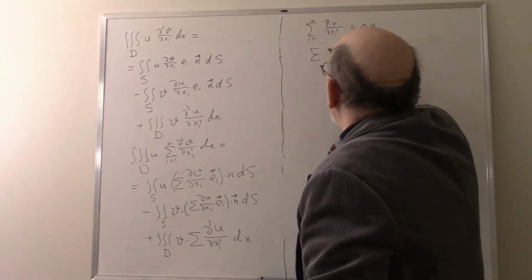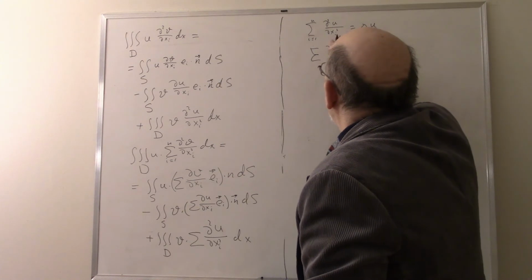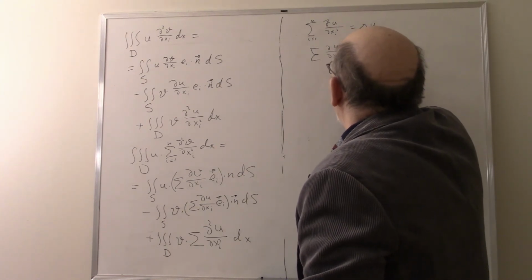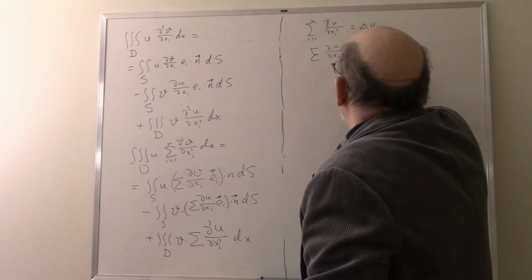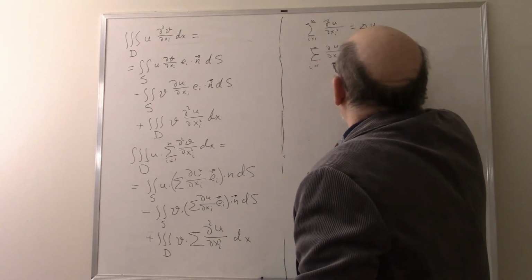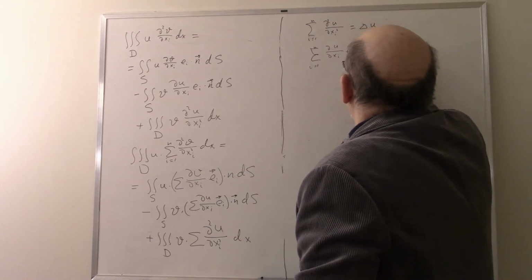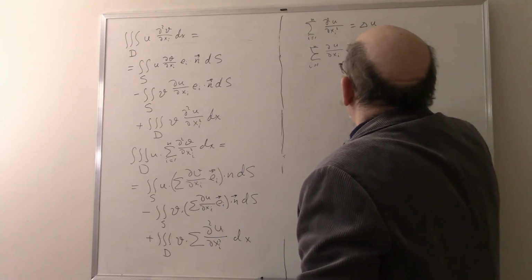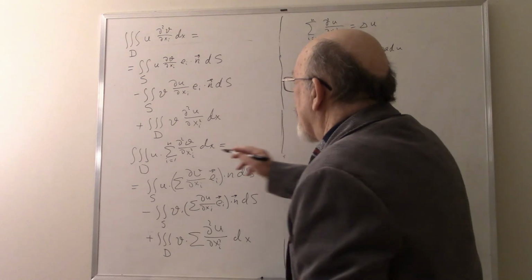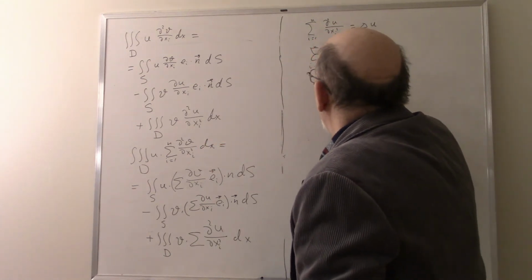The sum of du over dxi, ei, is the gradient of u, and the same for v. So what is written here?